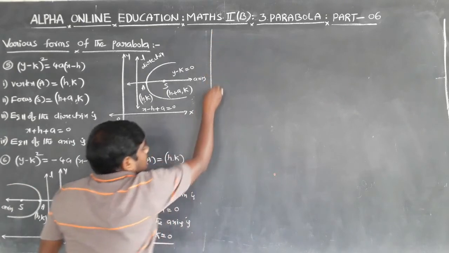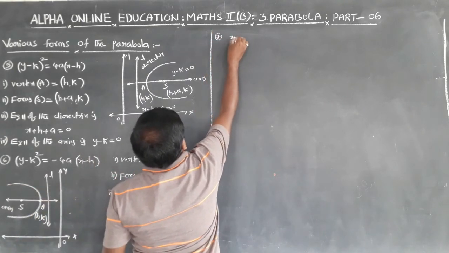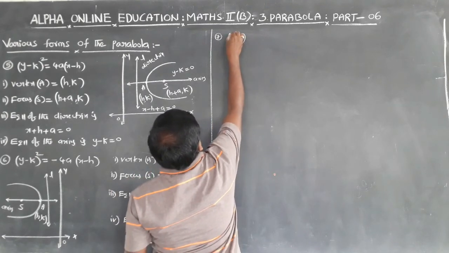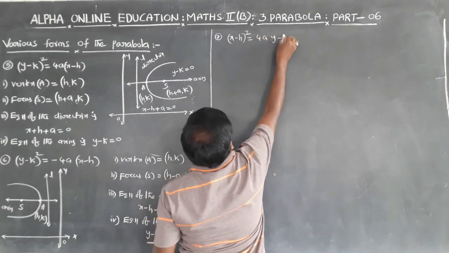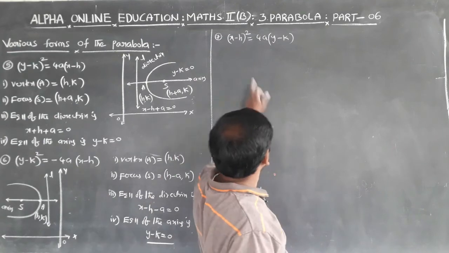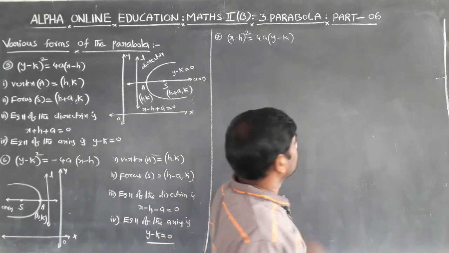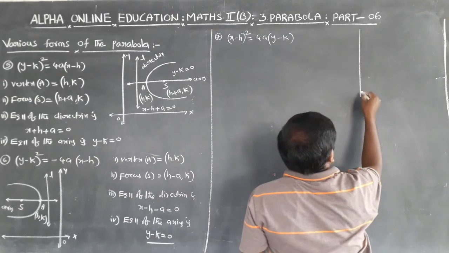Next one is the seventh one: x minus h whole square is equal to 4a into y minus k.